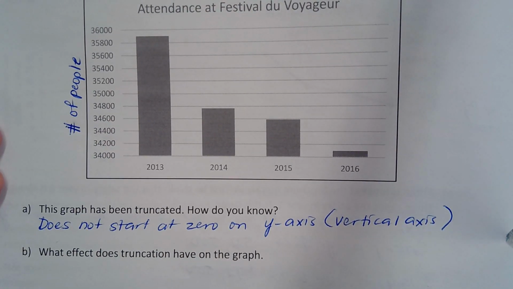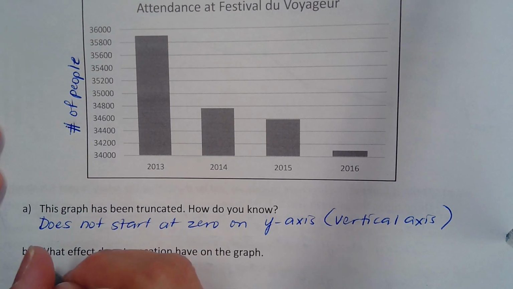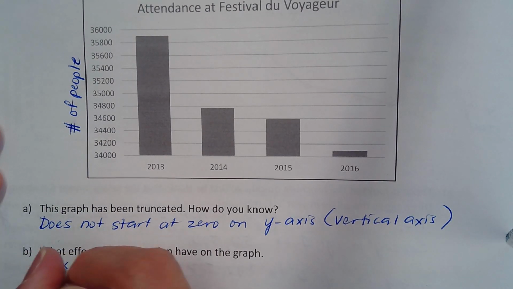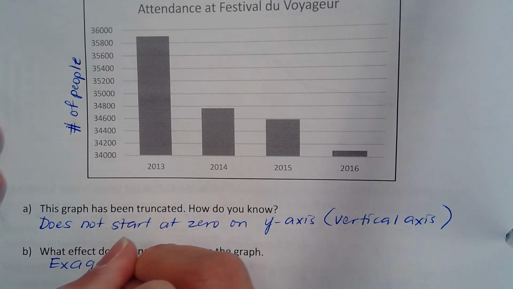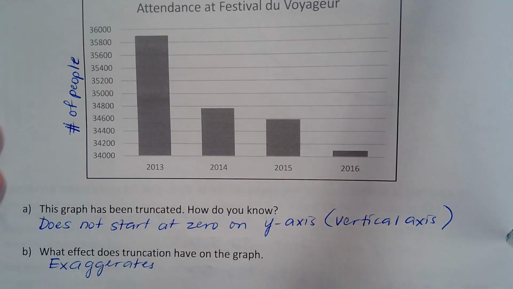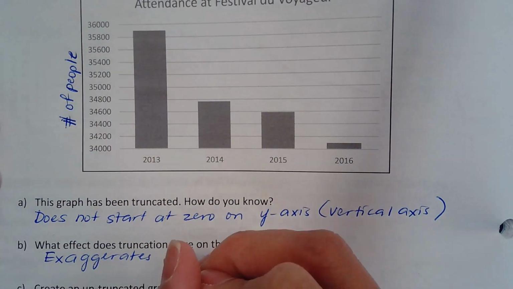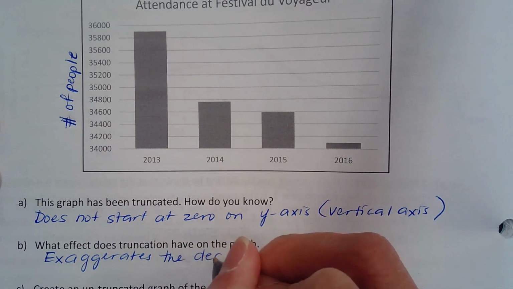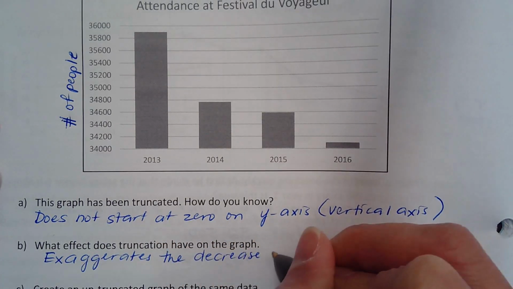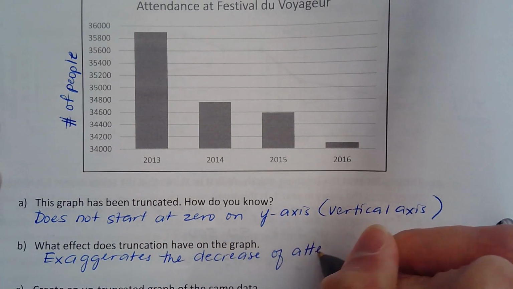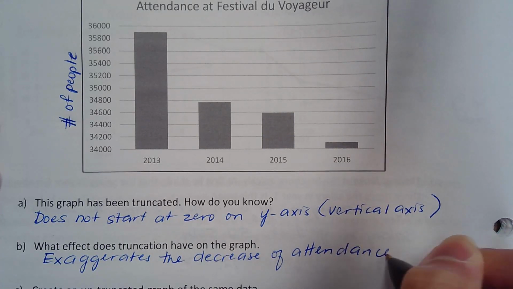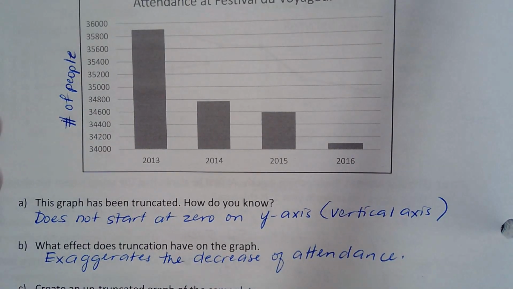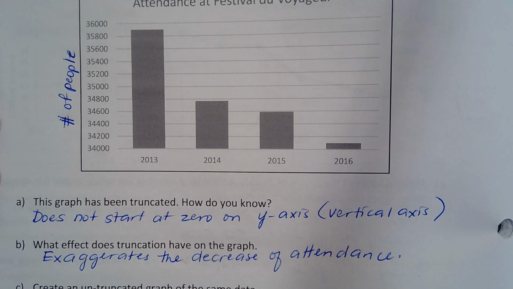What effect does the truncation have on the graph? It exaggerates the decrease of the attendance.